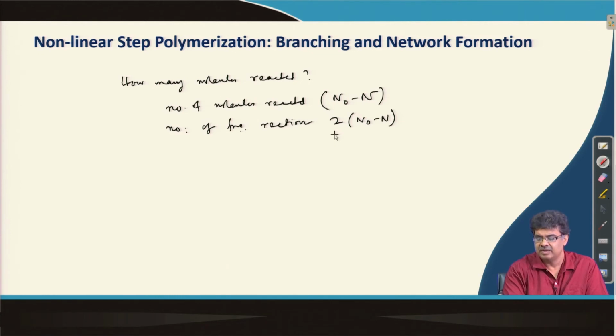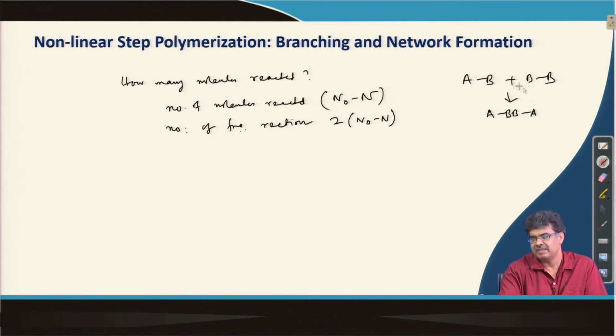For example, if you have A-A plus B-B reacting to make a dimer, the number of molecules goes from 2 to 1, so 1 molecule disappeared, and 2 functional groups reacted. So each molecule disappearance is equivalent to the reaction of 2 functional groups, and the total number of functional groups reacted is 2(N_0 minus N).